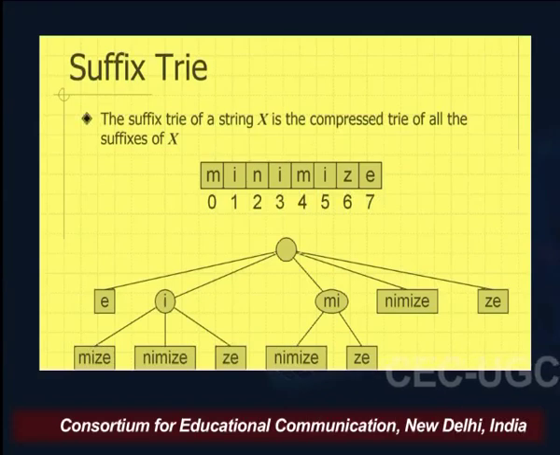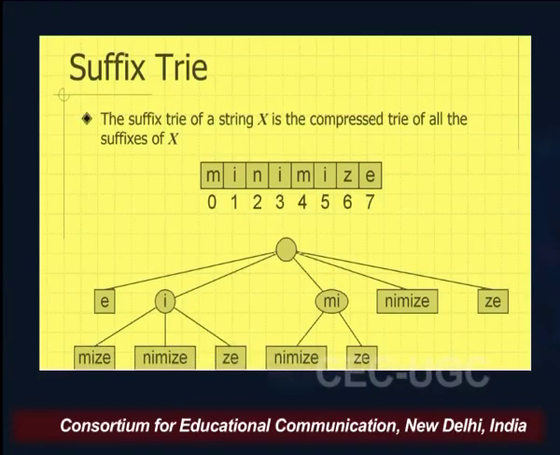You name a suffix and you will find it in the trie. The first is E, the suffix E alone. Then we have I, which gives rise to IN, IM, and IZE.